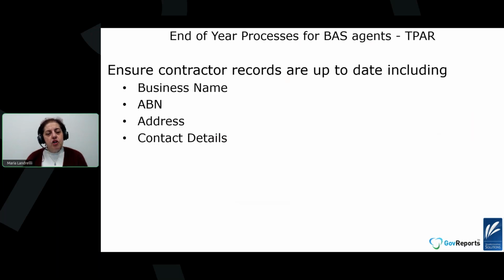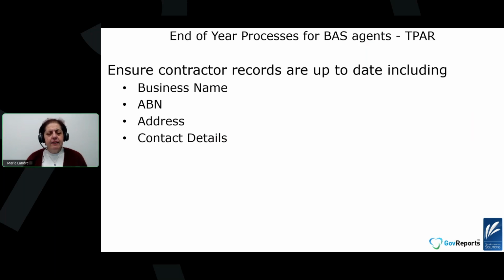So you need to ensure the contractor records are up to date, the business name and ABN and address and contact details. It is easy, particularly in the construction industry, where they start off as a sole trader and then for whatever reason they decide to change to a trust or a company structure, you might still be recording them under the original ABN.